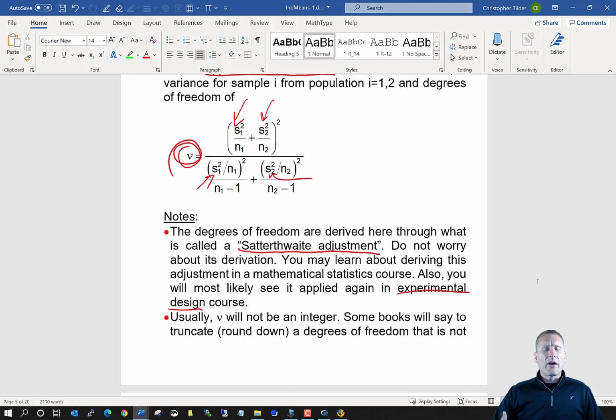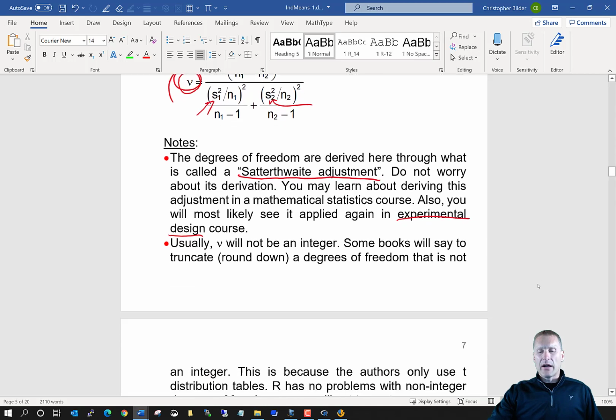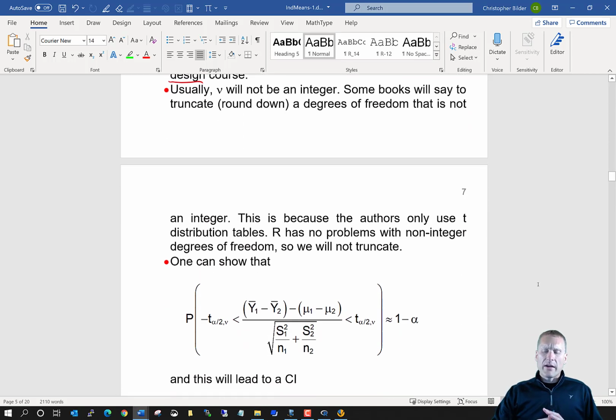But I do want to point that out so you're not alarmed by this. Also, many books will unfortunately take an old approach to a degrees of freedom that's not an integer, and they'll say, instead of using, let's say, 30.6, use just 30 instead. But there's no need for doing that. R is going to have no problems doing our calculation with a degrees of freedom that's a non-integer.